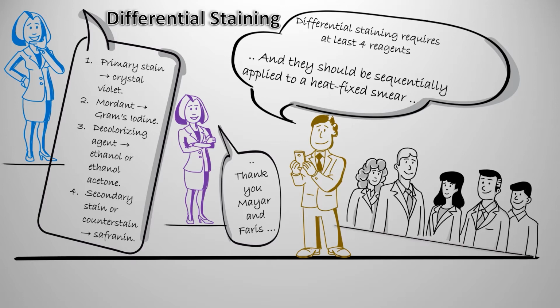However, the most important thing to be known is that safranin is also opposing the crystal violet in its charge, as it is a negatively charged stain. That means it is an acid stain rather than the primary stain, which is a base stain.